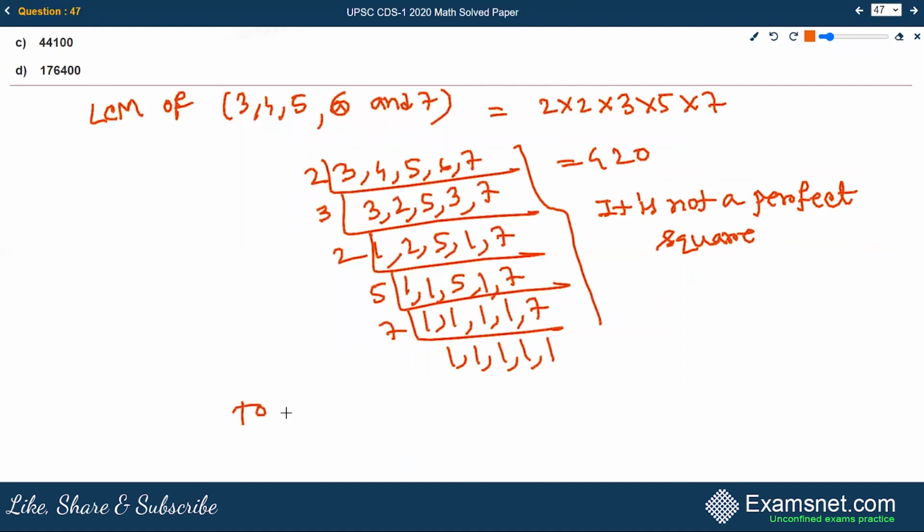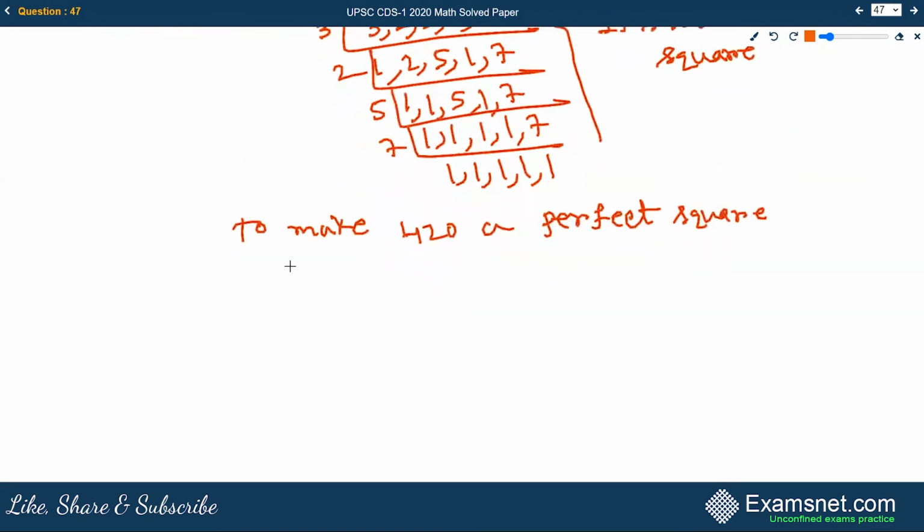So to make 420 a perfect square, we have to multiply by 3 multiplied by 5 multiplied by 7.